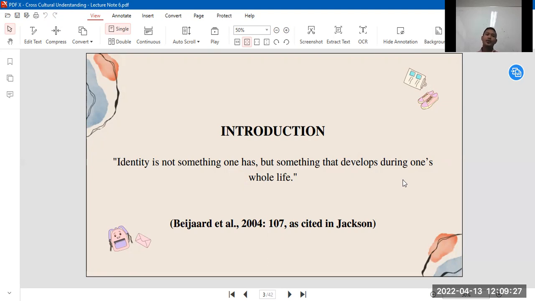The language we use in our cultural socializations influences how we see ourselves and communicate with people who have different backgrounds, such as linguistic, cultural, and also religious.